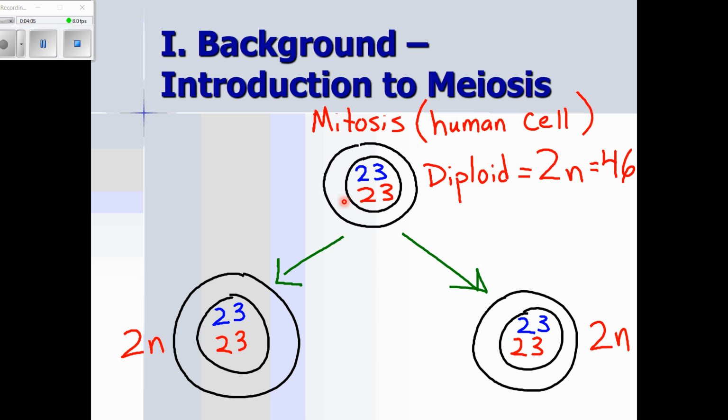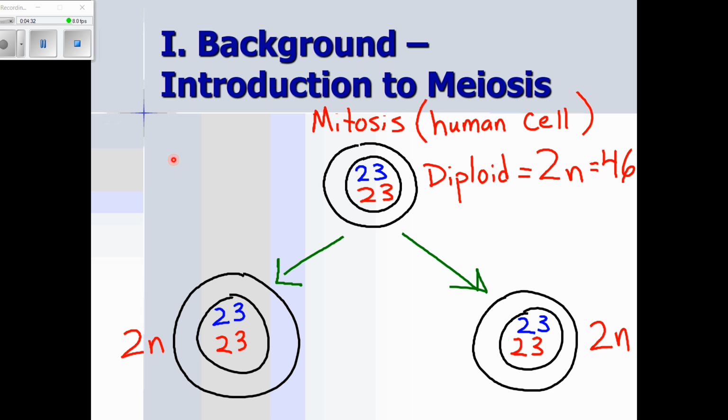Well, when prophase, metaphase, anaphase, telophase occurs, and then, of course, cytokinesis, and this cell splits, notice both daughter cells end up with 46 chromosomes each. These are going to be genetically identical daughter cells with the same number of chromosomes as the original cell.